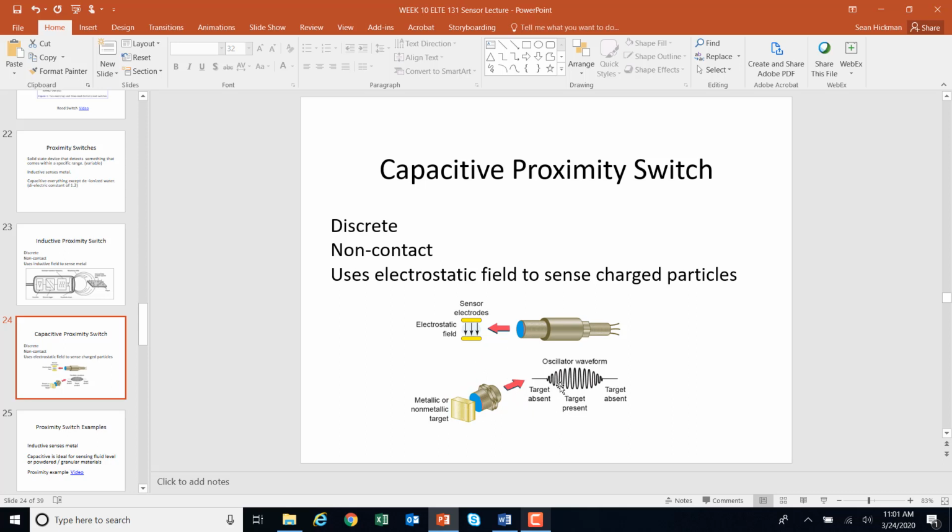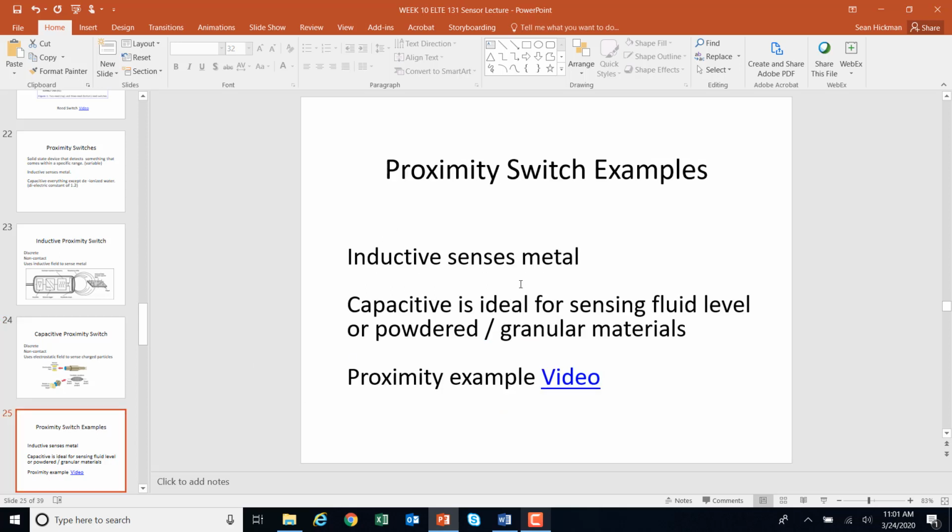And when your waveform changes, then the sensor knows that there's something there, okay? So the capacitive works on that electrostatic field. We're going to take a look at these, where inductive is doing metal. Capacitive is ideal for sensing fluid level and powder or granular material. Okay, so take a look at the proximity video here and understand the difference between inductive and capacitive.